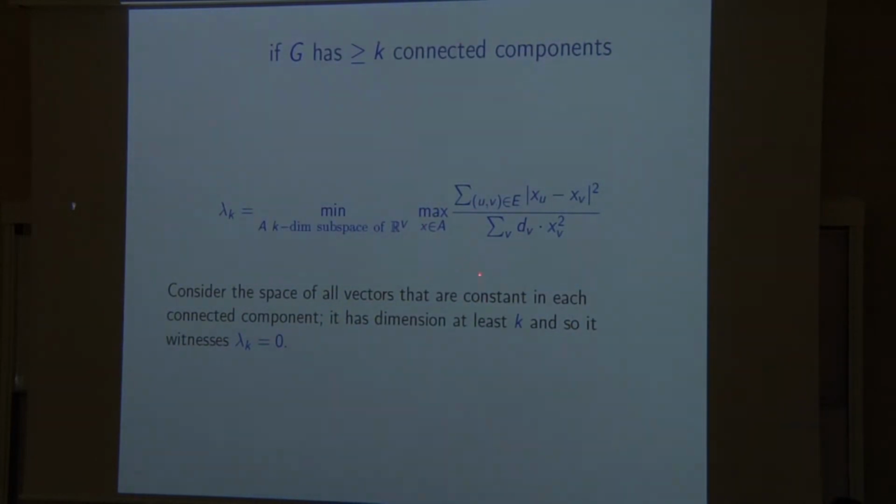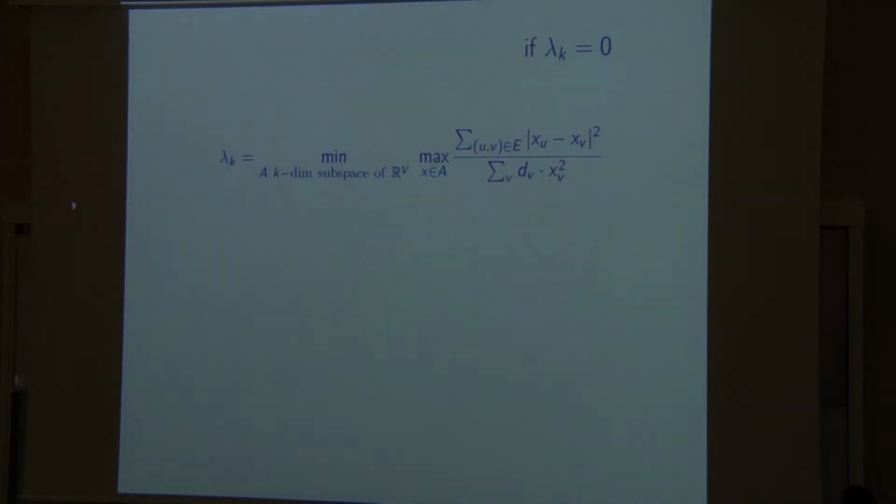So let me go through it. In one direction it's clear. If the graph has k or more connected components, you can pick A to be the space of all vectors that are constant on components, and this is k-dimensional. The other direction is also easy, but I want to give a slightly more roundabout argument, because this more roundabout argument generalizes to give highly non-trivial results about graph clustering.